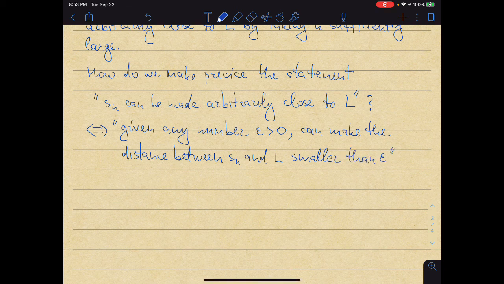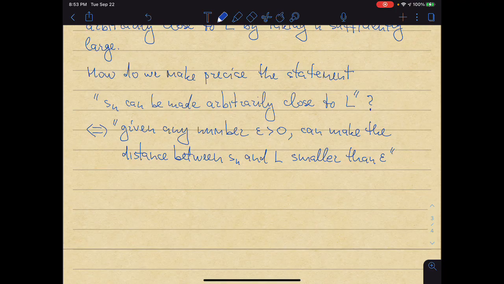I hope you agree that that's actually what it means, that I can make Sn arbitrarily close to L. So if I pick any number, no matter how small it is, I can make the distance between Sn and L smaller than that number.